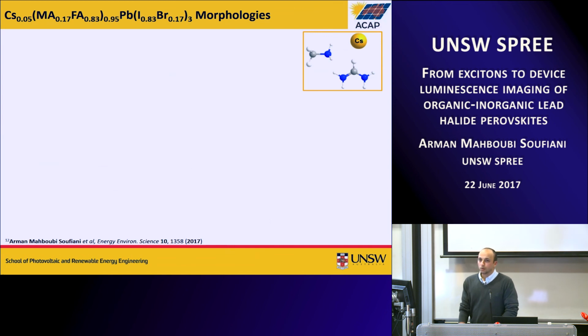Okay, we wanted to generalize this finding. We needed to fabricate state-of-the-art samples. One of them is the triple cation lead mixed halide perovskite. Devices fabricated from this composition give efficiencies of more than 22%.